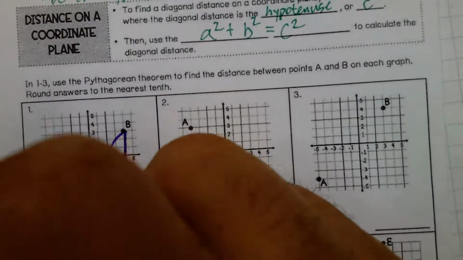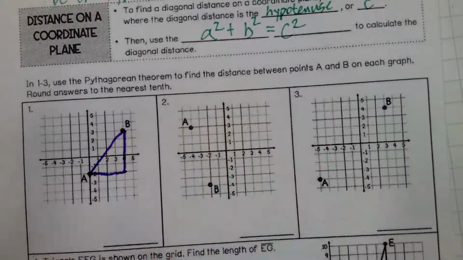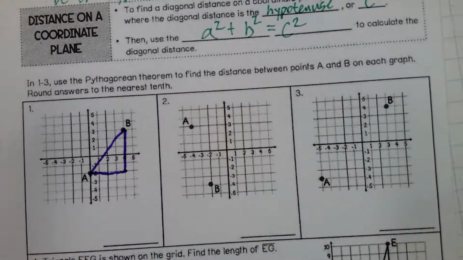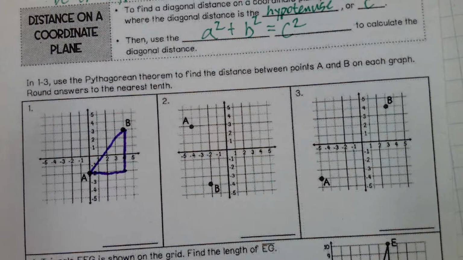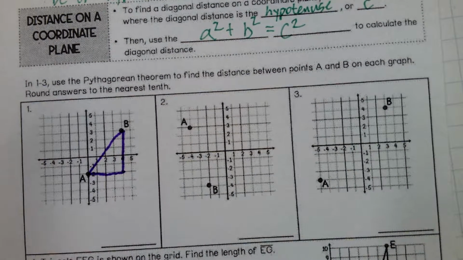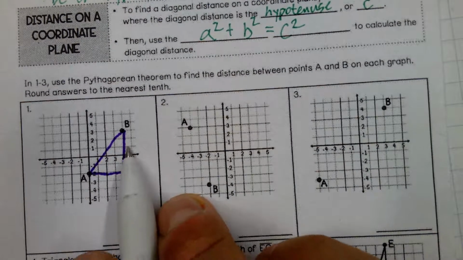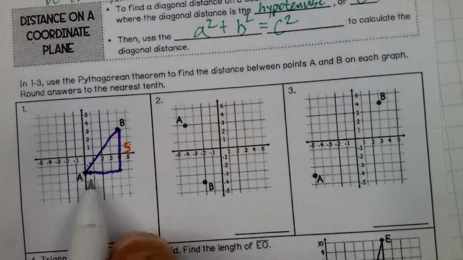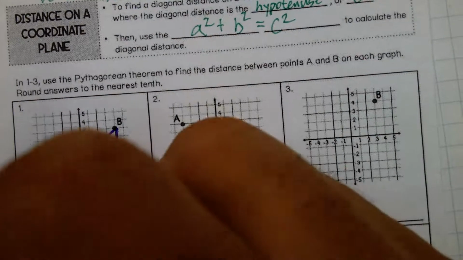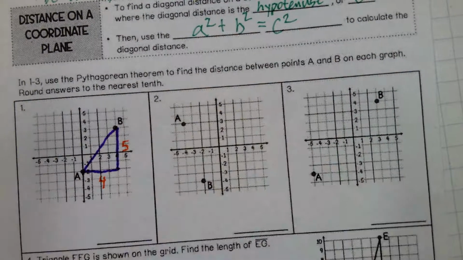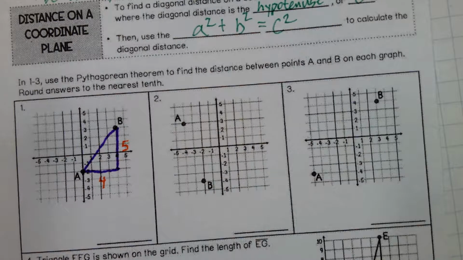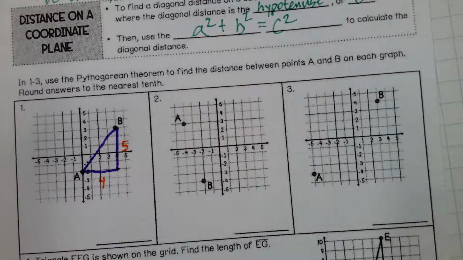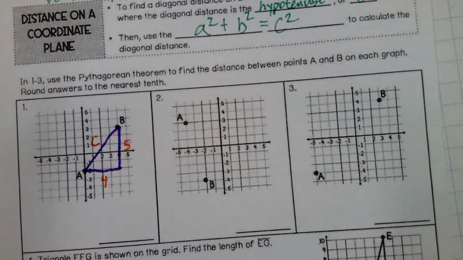They need to form a right angle. And now I'm going to measure my distance. This is 5, 4. Okay. And this is going to be, I'll call it C.